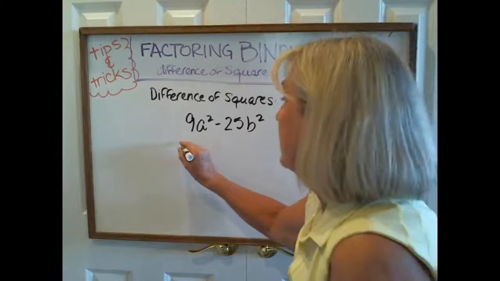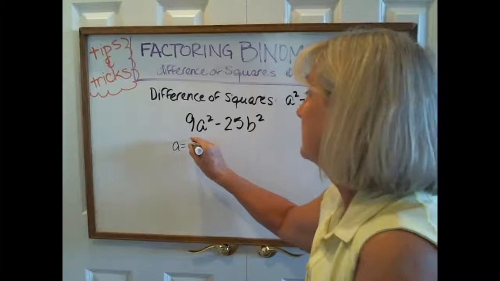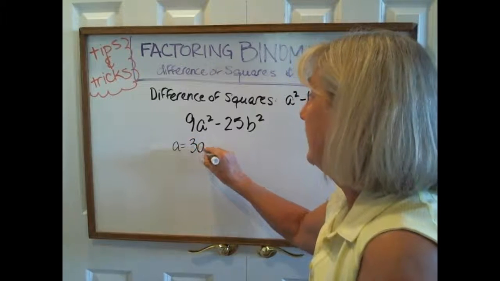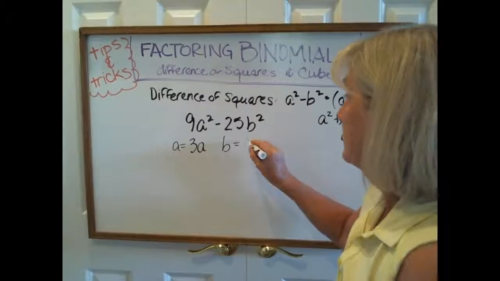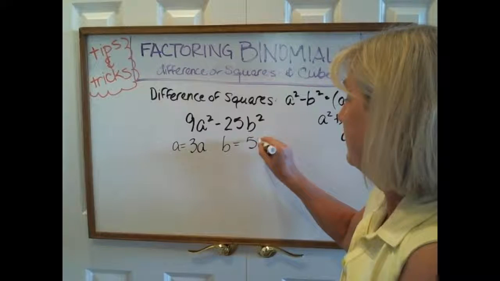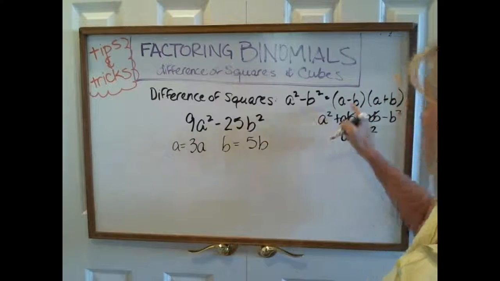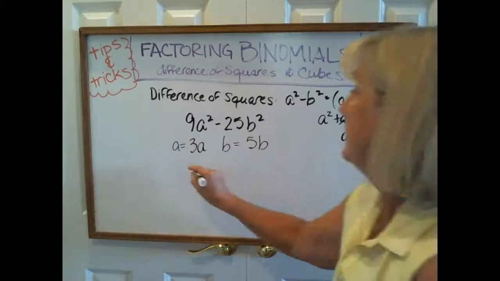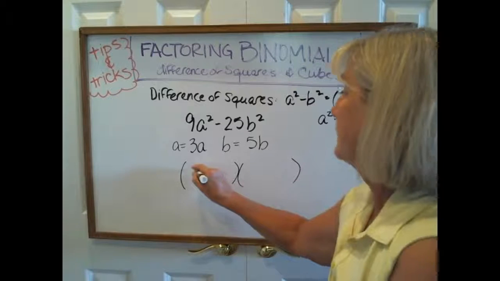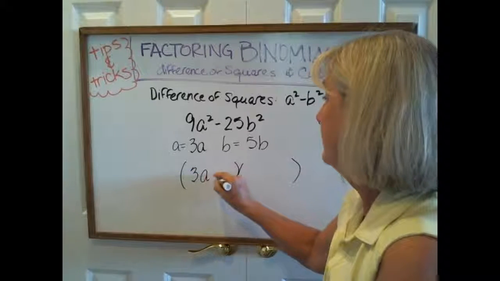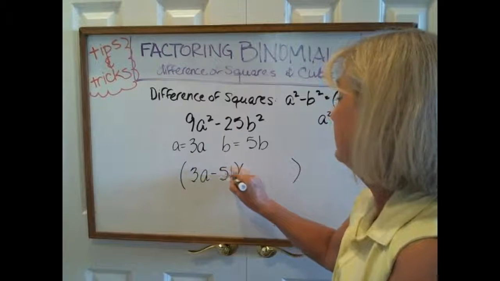And so I'm going to say, okay, a will equal the square root of 9a squared, which is going to be 3a, and b will be this term, which is going to be 5b, because that's the square root of 25b squared. So then we plug it into this formula. So this will factor into 3a minus 5b, and it could be plus or minus.